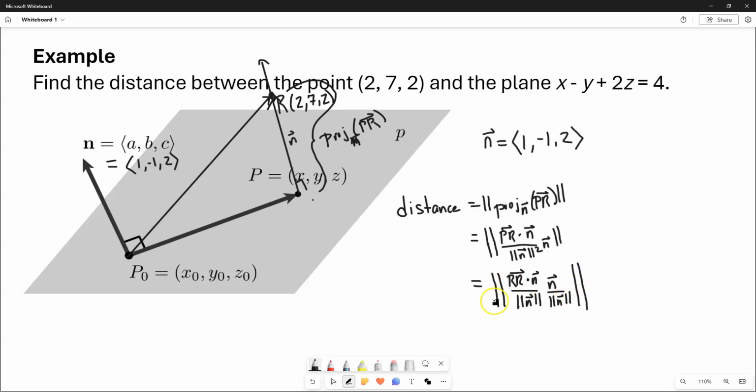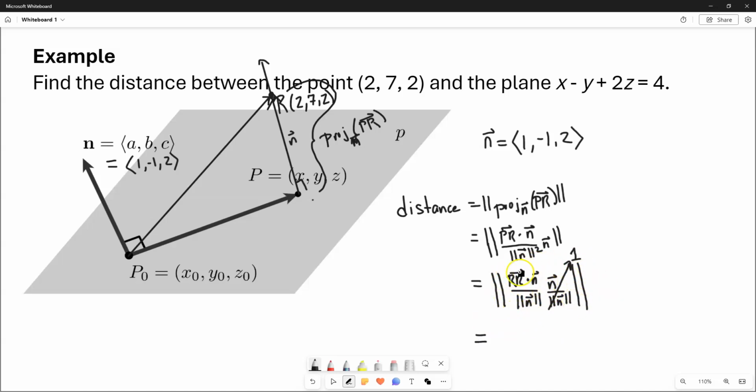This was another way that I wrote the projection to give us the sense that the n vector divided by its magnitude was normalizing it. Well, the magnitude of this is 1 because it's been normalized. So this ends up being the magnitude of this particular vector, but we already know this is 1.